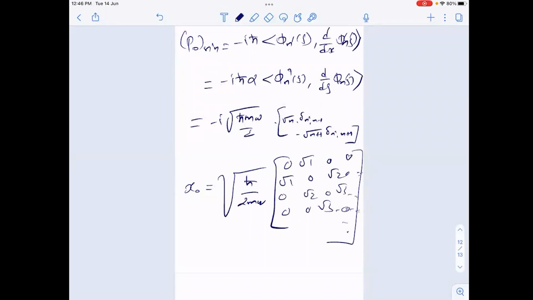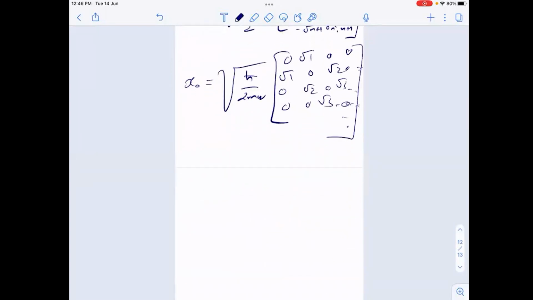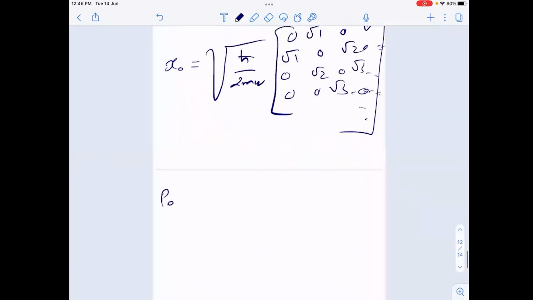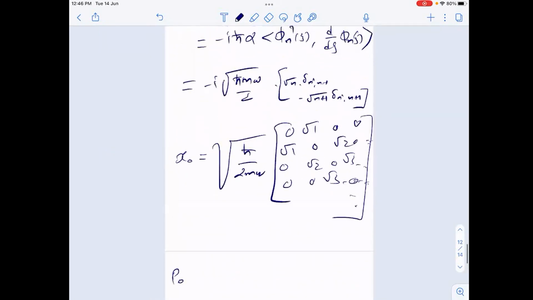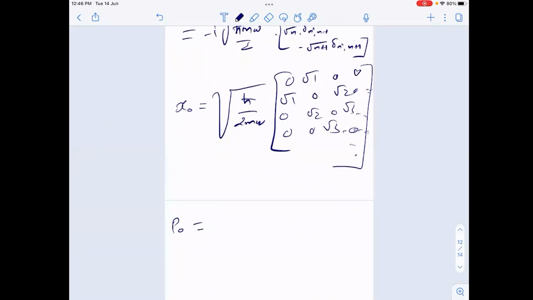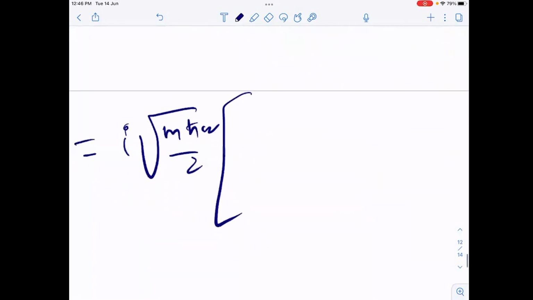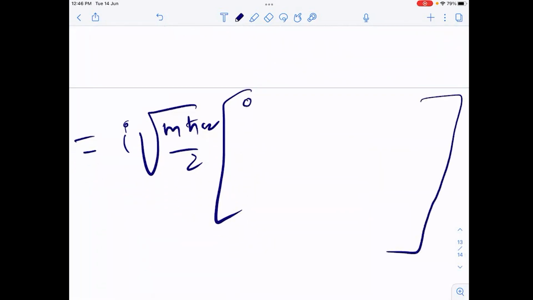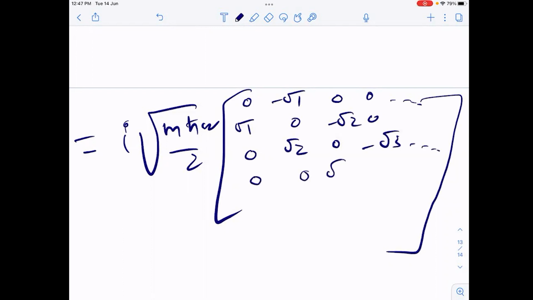So that's your x matrix, and the second variable, that is p0, right? It is again i is there, but we will keep the i out. We will not put it in the matrix. So keeping the negative sign, no, we will not keep negative. i under root m h cut omega by 2. The matrix will be, let me have some more space: 0, minus root 1, 0, 0, and so on; root 1, 0, minus root 2, 0; 0, root 2, 0, minus root 3, and so on; 0, 0, root 3, 0.